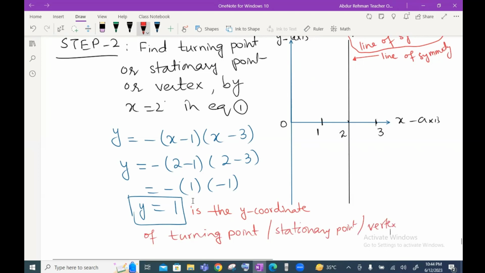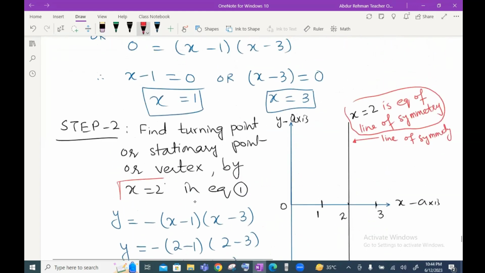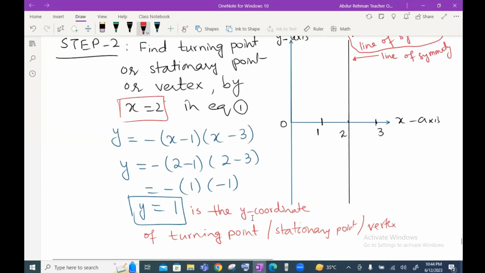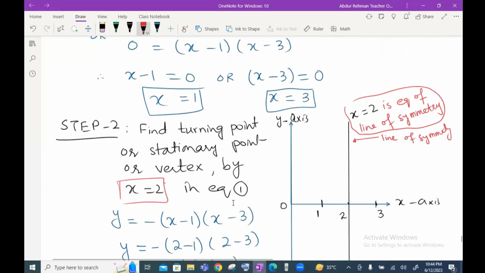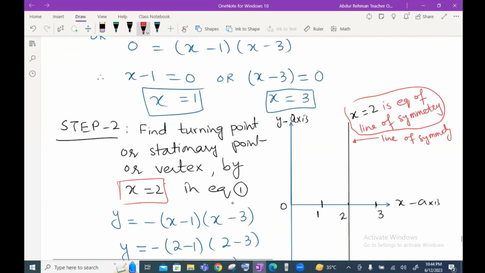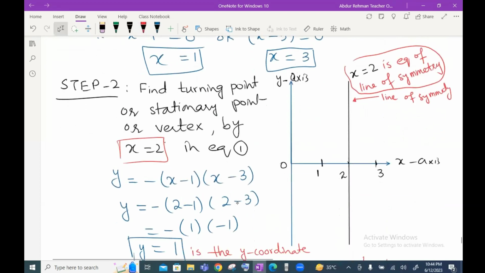Now we have x equals 2 and y equals 1 as the coordinates of the turning point or stationary point here. Suppose this is y equals 1 here. So this is (2, 1), the coordinate of the stationary point or turning point here.